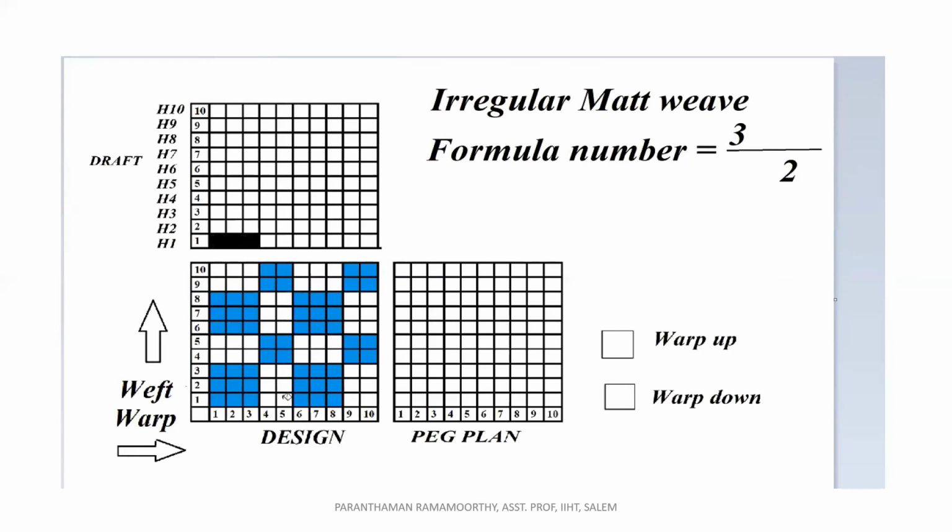So next is drafting arrangement. The first 3 ends are drawn through the first heald frame, and the fourth and fifth ends are drawn through the second heald frame. So in the first pick, the first end is lifted up in the first 3 picks and kept down in the next 2 picks.